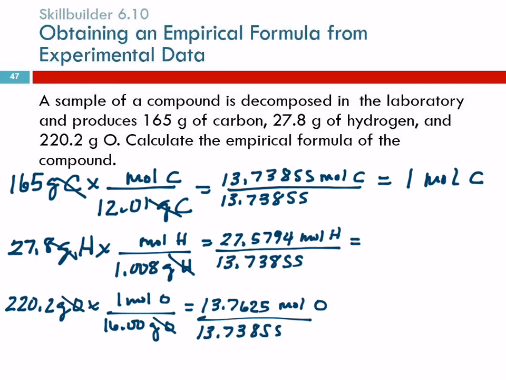And this comes out to 2.007 moles of hydrogen. And the one on the bottom, we can tell, is going to be really close to 1. And this comes out to be 1.0017 moles of oxygen.